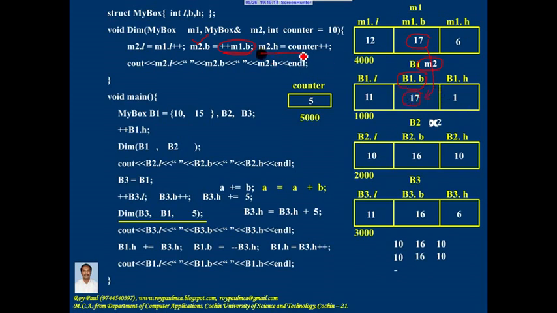Now here also multiple operators are there, assignment operator and postfix. What is the rule of postfix? Use and change, meaning first counter should be assigned to m2.h. So counter contains 5. This is m2.h. So this 5 should be assigned here.